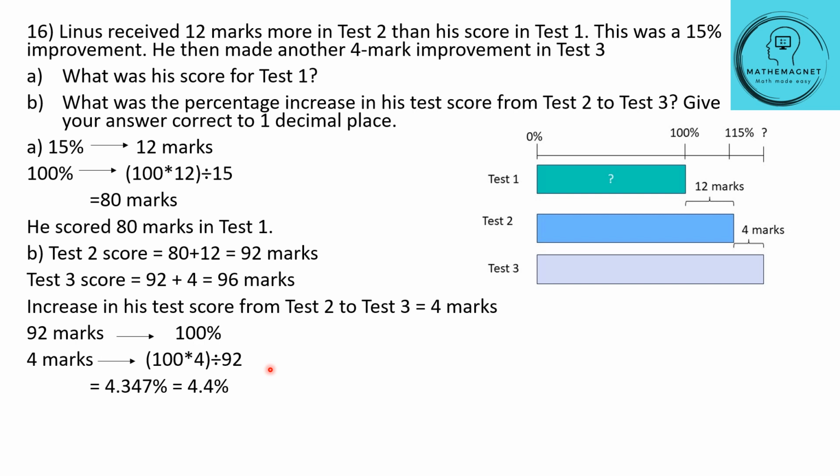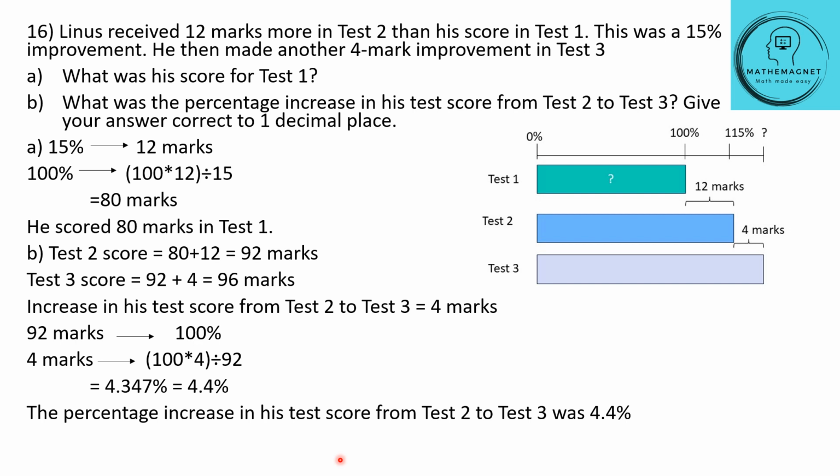So that is equal to 4.347%. Now they've asked us to correct to one decimal place, so when you round off it becomes equal to 4.4%. So the percentage increase in his test score from test 2 to test 3 was 4.4%.